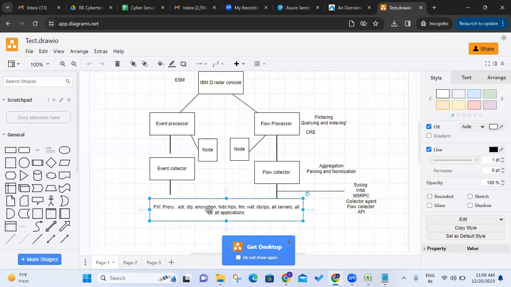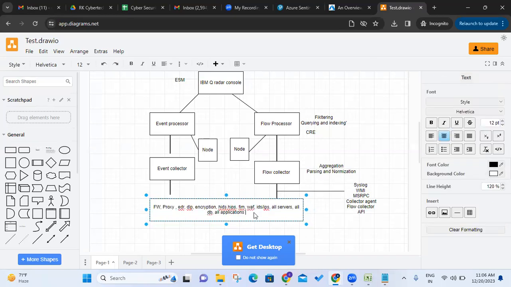Log sources like firewall or proxy or EDR or DLP, encryption, HIDS, HIPS, everything will fall under these. Additionally, I will keep Microsoft related log sources also, dedicated to the Microsoft side. That may be Defender, or virtual machines from the Azure side, whatever we are deploying on top of Azure, the overall Azure related part.